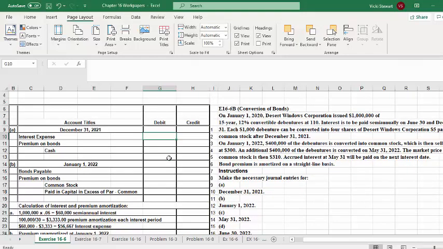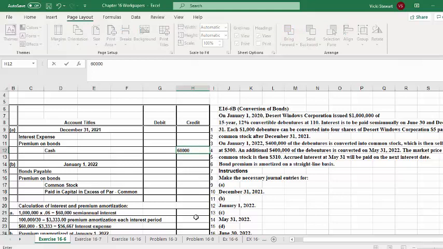So we need to calculate the amount that we will actually be paying the bondholders in cash, which is $1 million times 6%, which is half of the annual rate of 12%, and that gives us $60,000 of semi-annual interest that we will actually be paying in cash.